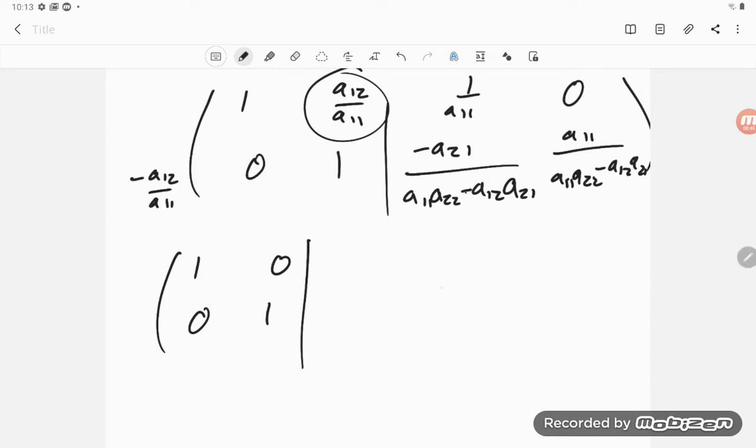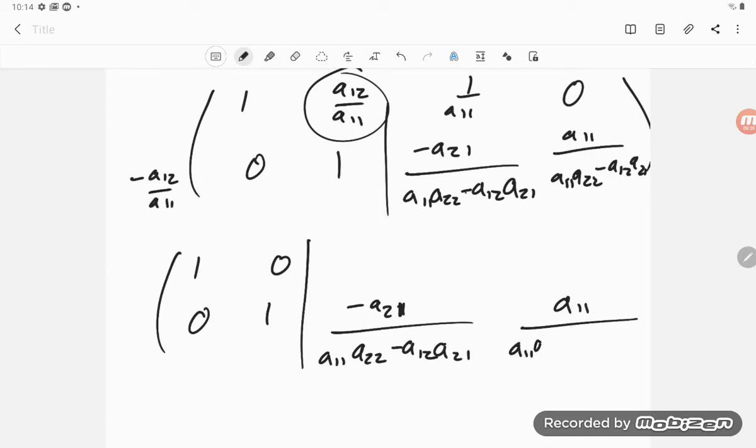Let me write the bottom in because that won't change: minus a21 over a11 a22 minus a12 a21, and then we've got our a11 over a11 a22 minus a12 a21. This gets nasty here.